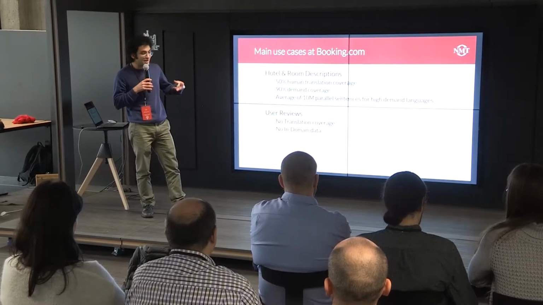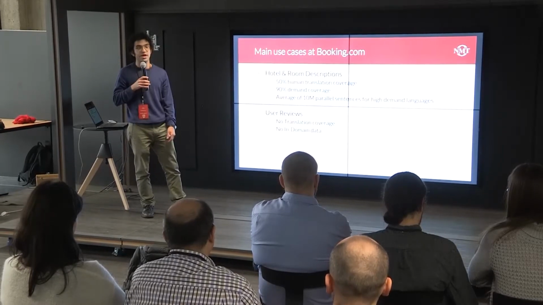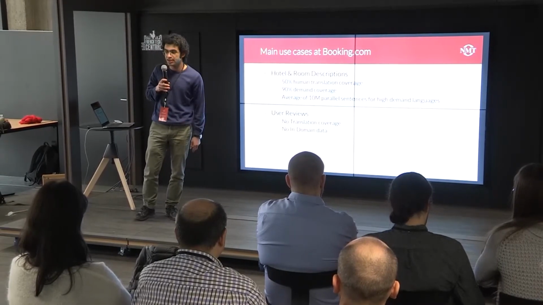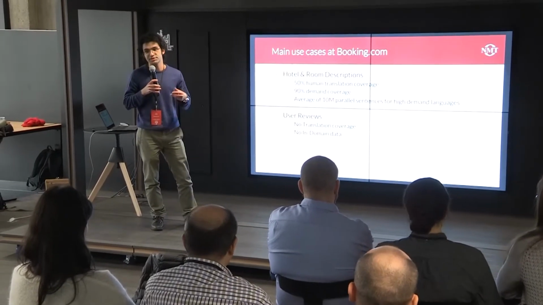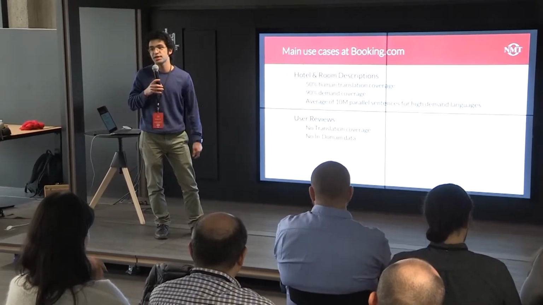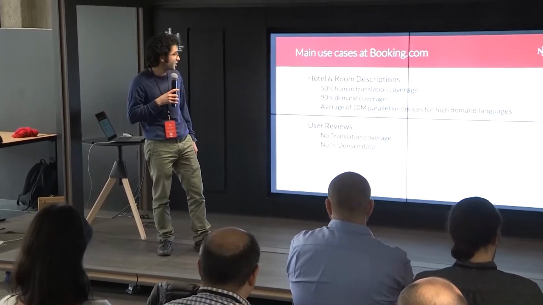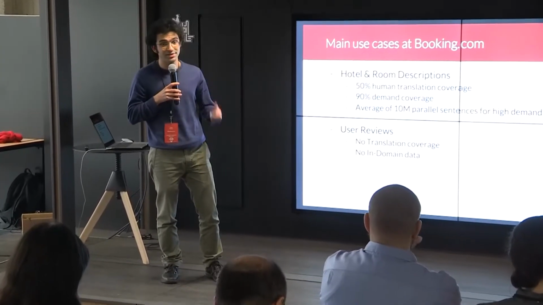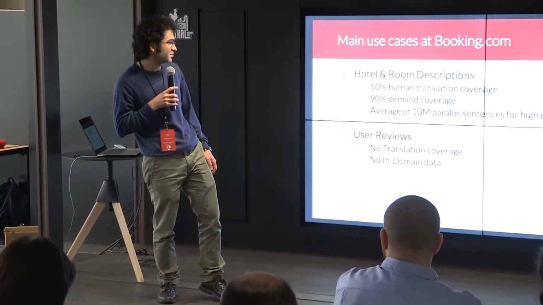For high demand languages, we have only 50% coverage by human translations. Human translation is done by our freelancers network, and this covers 90% of the demand for the high demand languages.